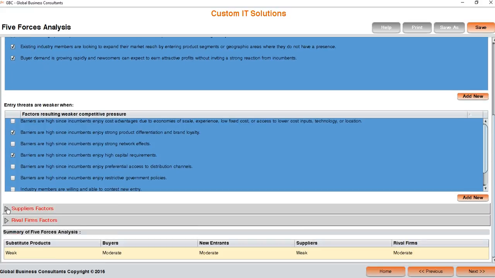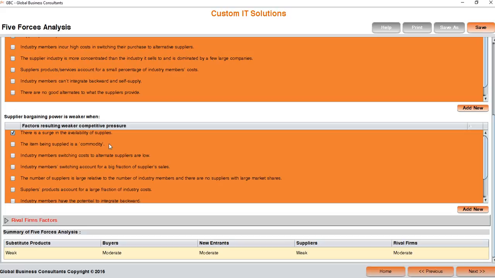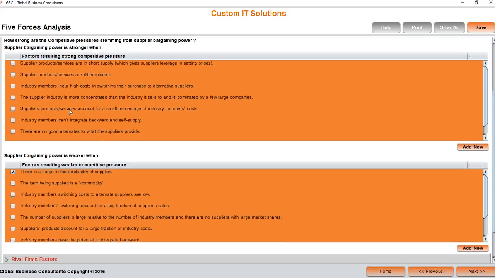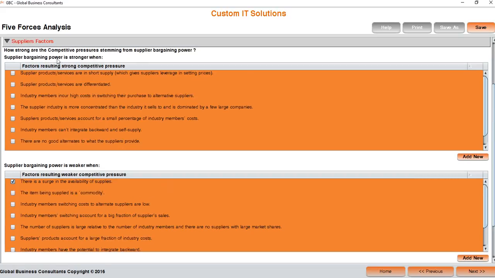Next, I'm going to click on supplier factors, and this is the threat of suppliers making it difficult for us. Supplier bargaining power is stronger when supplier products or services are in short supply. Now, we are in custom IT solutions. We don't really rely that much on suppliers apart from some basic marketing software and other bits and pieces. So as you can see, I have no factors ticked for supplier bargaining power to be strong.